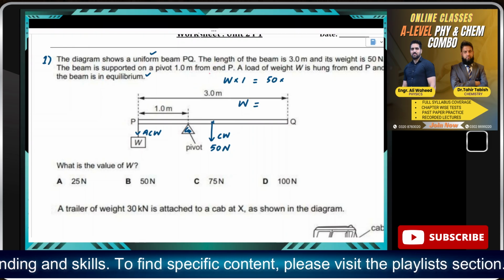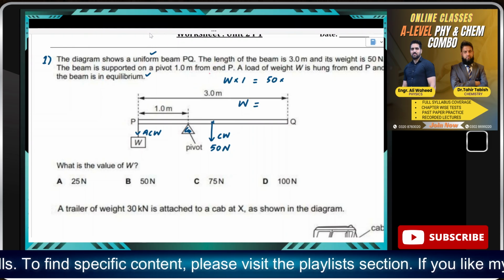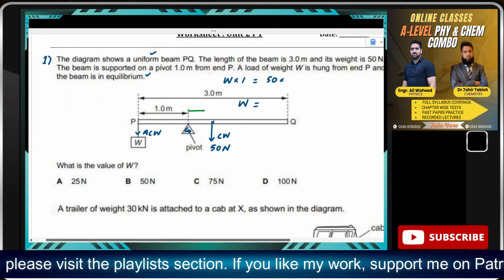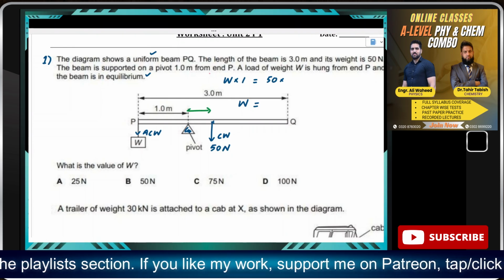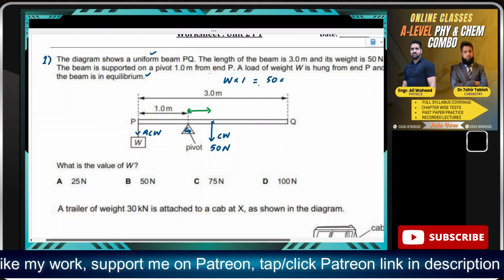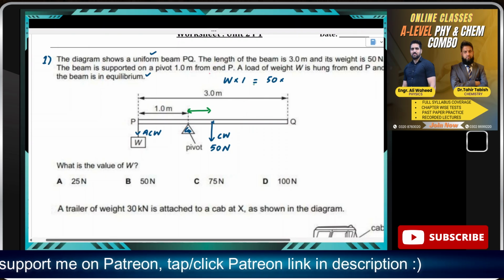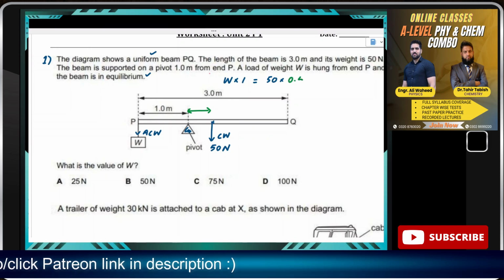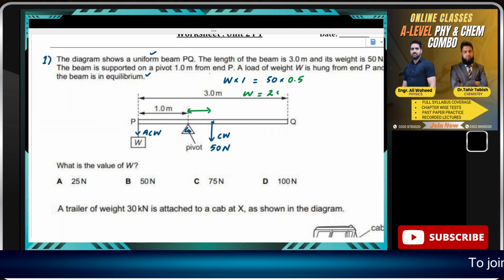The perpendicular distance would be only this much, which is 1.5 minus 1. This is the perpendicular distance from the pivot. So 1.5 minus 1 would be 0.5. And 50 times 0.5 would be 25.